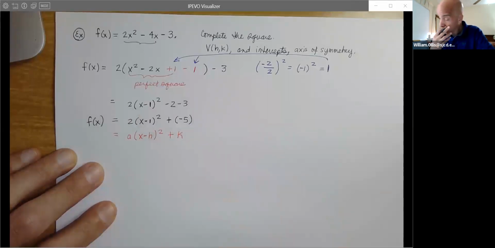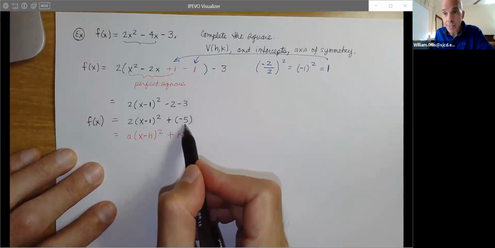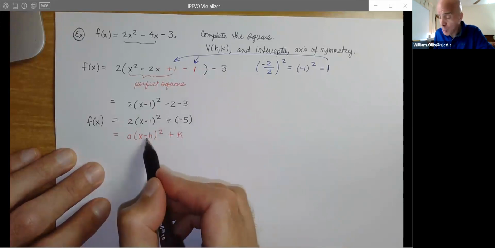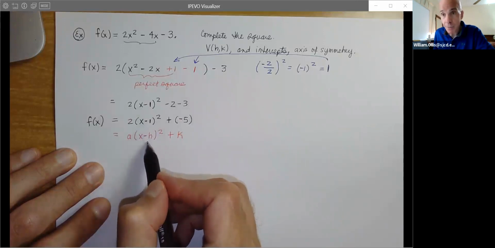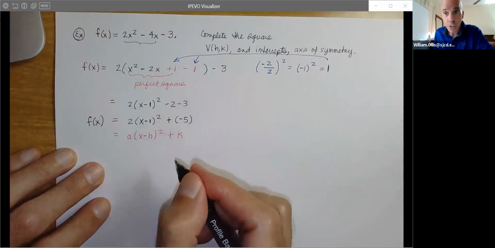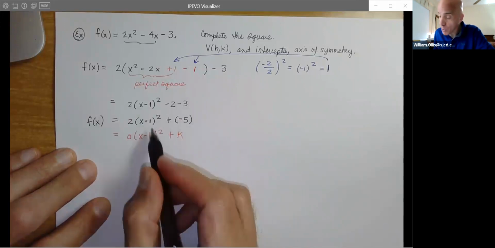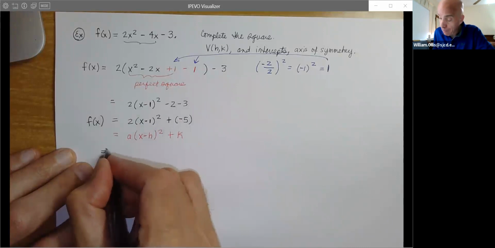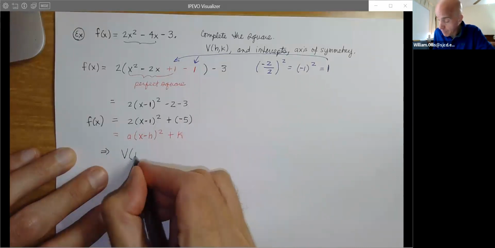But just remember that you are taking this relative to its sign. And the h must be taken relative to the negative here. So if you've got a plus here, you have to put in two negatives. It's just like doing the equation of a circle, okay? So now we can see when we compare the two, this implies that the vertex will now be (1, -5).